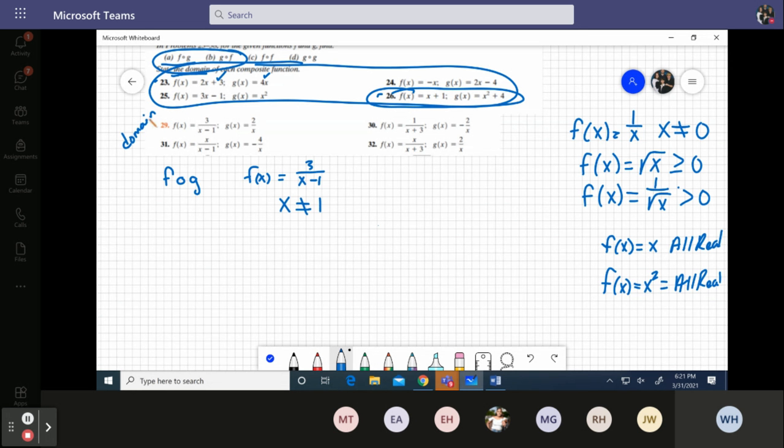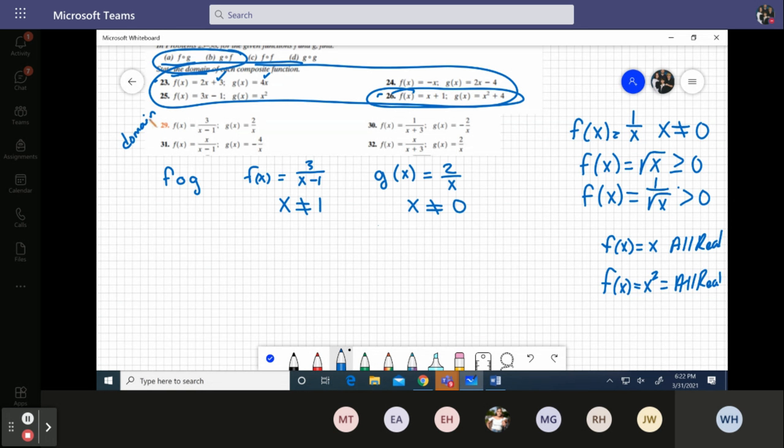X cannot equal 1, right? Because 1 minus 1 would give me that 0, okay? So how about for g of x? What's the restriction for 2 over x? X cannot equal 0, right?